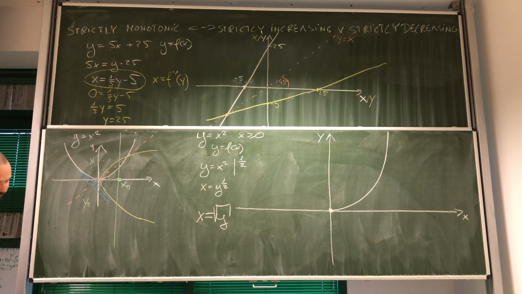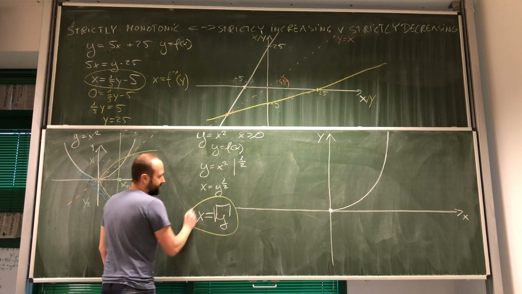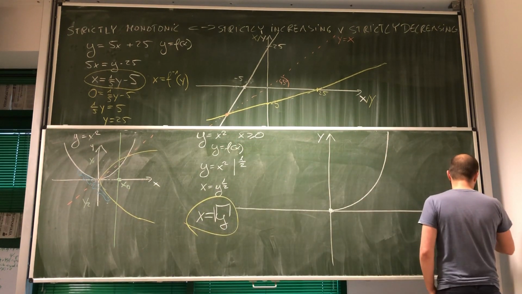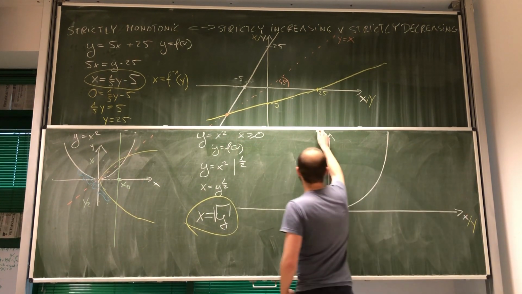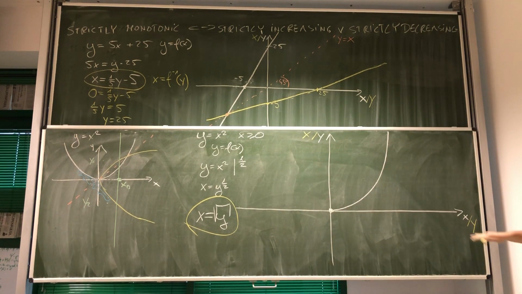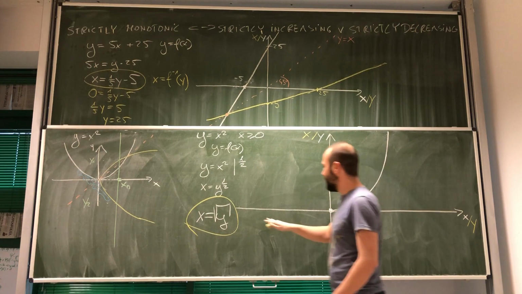Okay, so now, if I want to draw this, I'm going to use the same trick as before. So, I'm going to put y over here, and I'm going to put x over here, right? So, how does this function look like?